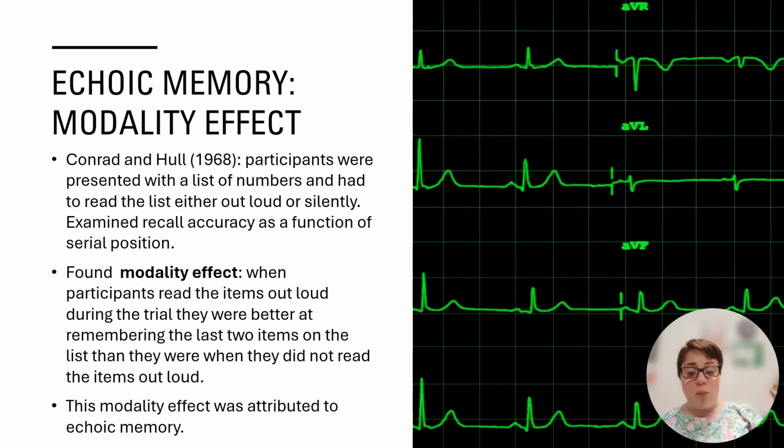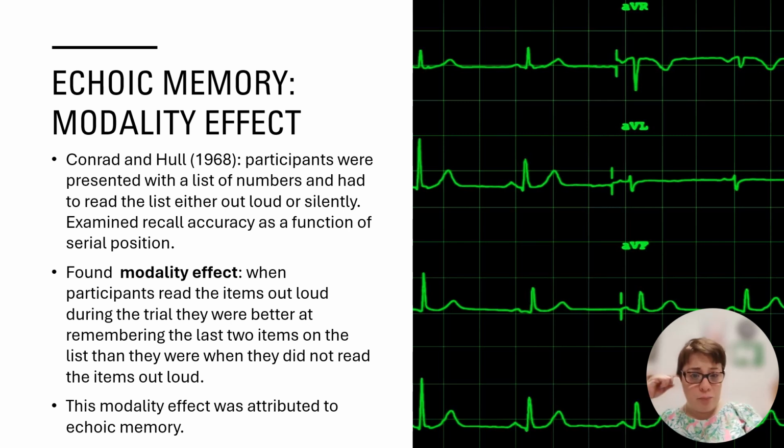And essentially, what they found is that memory for the last item was near perfect when the suffix was a buzzer, but was significantly lower when the suffix was a speech sound. So this suffix effect was thought to be the result of speech-like suffixes interfering with echoic memory.